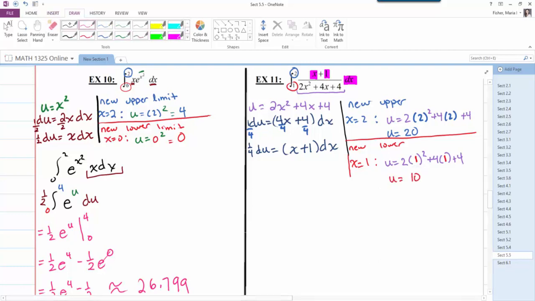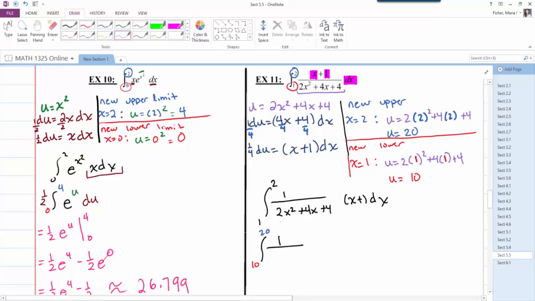So now, if I look at the original problem, it was the integral from 1 to 2 of 1 over 2x squared plus 4x plus 4 times that x plus 1 dx. So it becomes the integral from, the new lower limit is 10, my new upper limit is 20, and then I have 1 over 2x squared plus 4x plus 4 is equal to u.